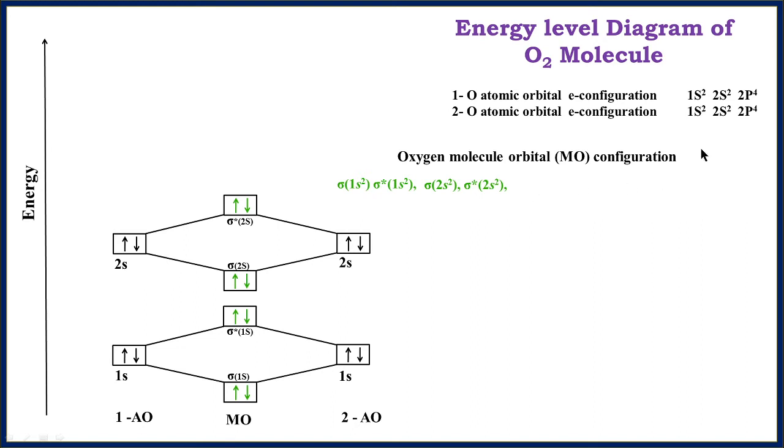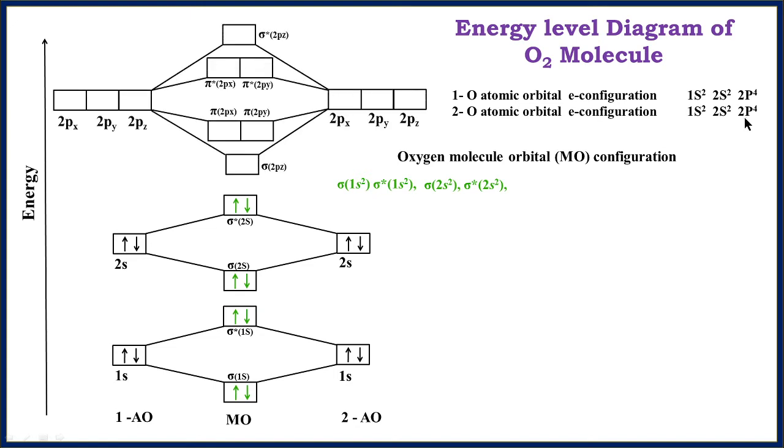Next, what are the remaining orbitals? The 2p orbitals. The 2p orbitals of the first atom overlap with the 2p atomic orbitals of the second oxygen atom and they form molecular orbitals like shown here. The first atom has 3 suborbitals; we know that p orbitals have three suborbitals called px, py, pz.